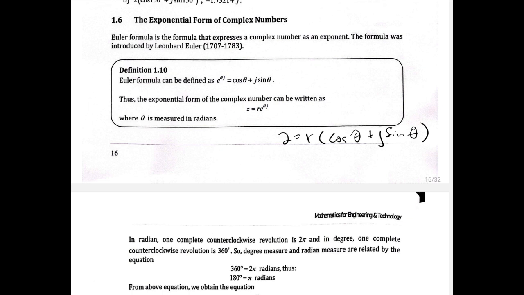We call this the exponential form of a complex number. But here, the theta must be written in radians, not in degrees as in the polar form.